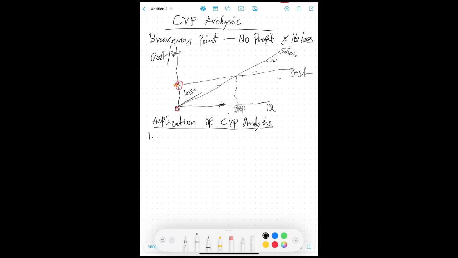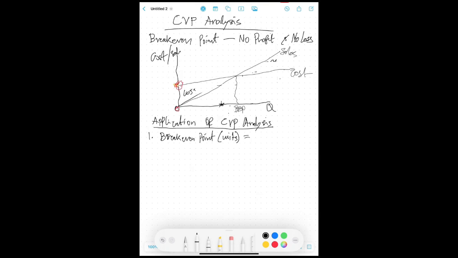One, it can be applied to calculate your break-even point in units. That means how many units will we sell in order to break even, whereby we are making no loss and no profit.